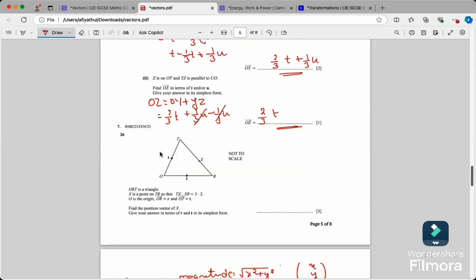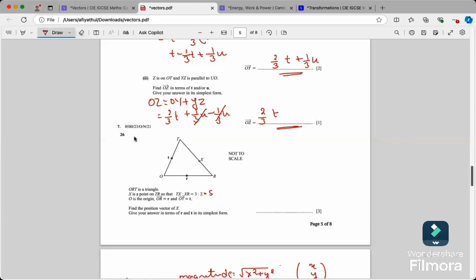Question number 7. ORT is a triangle where X is a point on TR, so that TX and XR is 3:2. So if you add them, you will get 5. So this will be 3 by 5, and this will be 2 over 5, right?